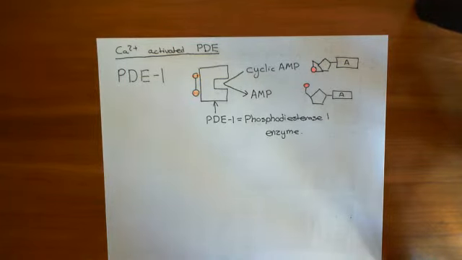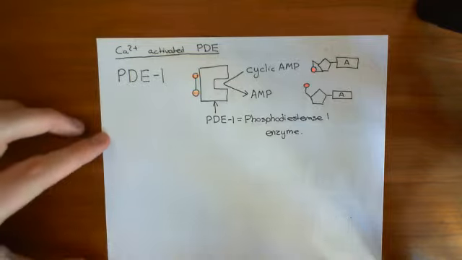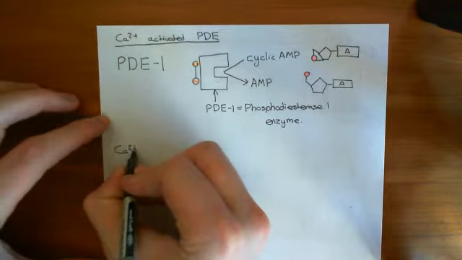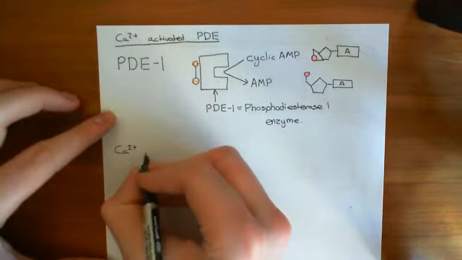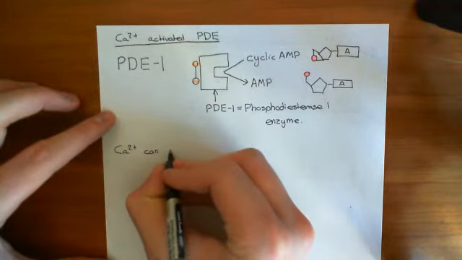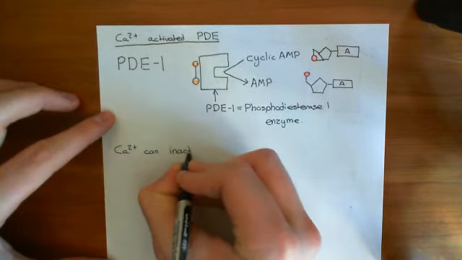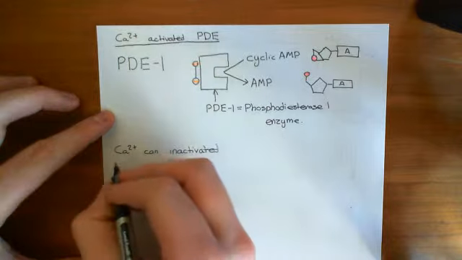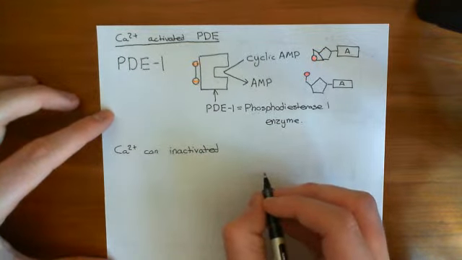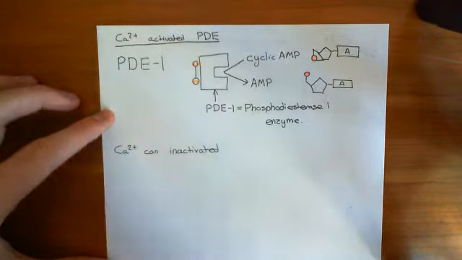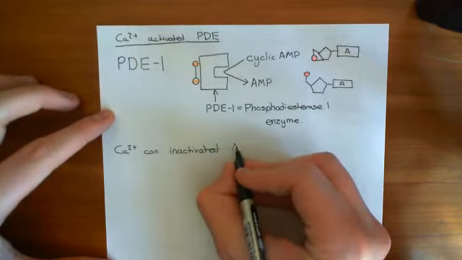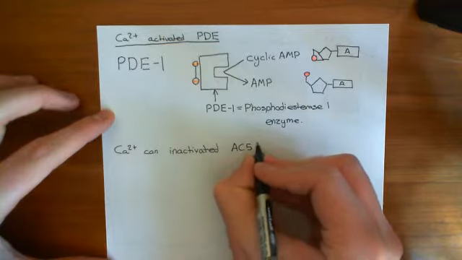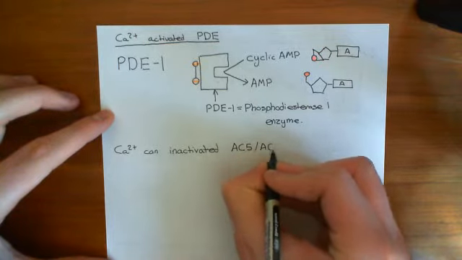There's another mechanism of antiphasic oscillations, which is that calcium can inactivate certain adenylyl cyclases. So we've seen that two adenylyl cyclases, adenylyl cyclase 1 and adenylyl cyclase 8, are activated by calcium, but there are also adenylyl cyclases which are inactivated by calcium, and these are adenylyl cyclase 5 and adenylyl cyclase 6.